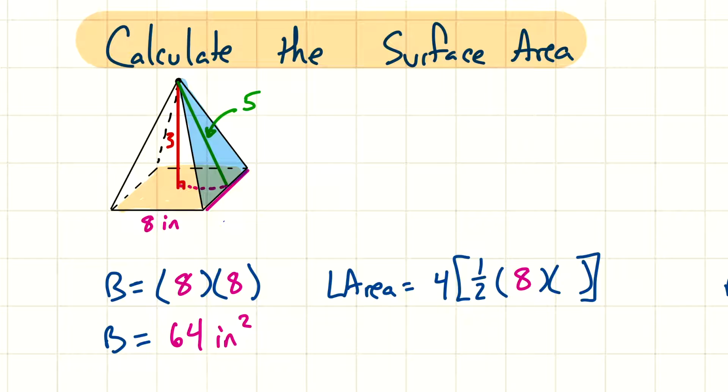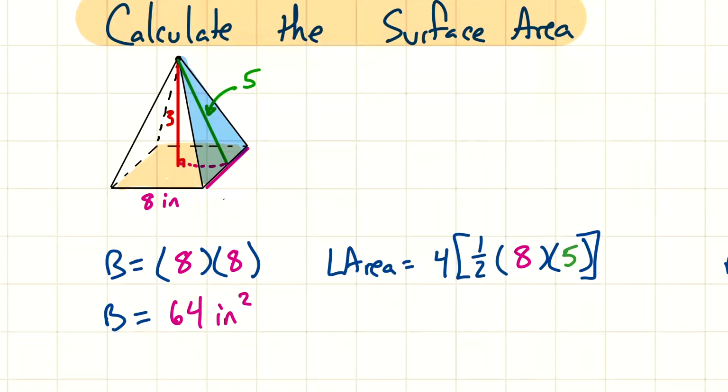And I also need to know what the height is of this triangle. So how tall is this triangle? The slant height has already been given to us, so that's nice. So I'm going to use that number to calculate my lateral area. So there's the numbers. Let's see what you come up with to solve this.